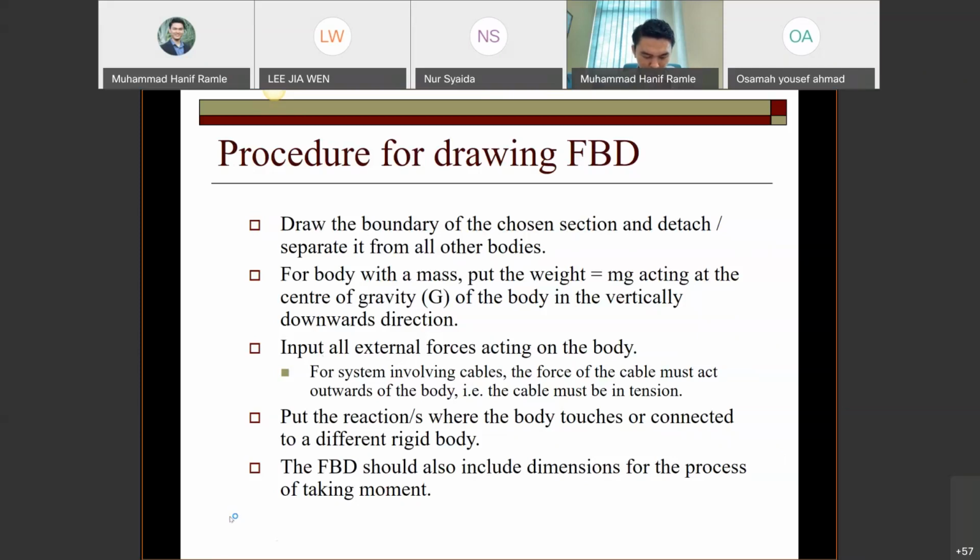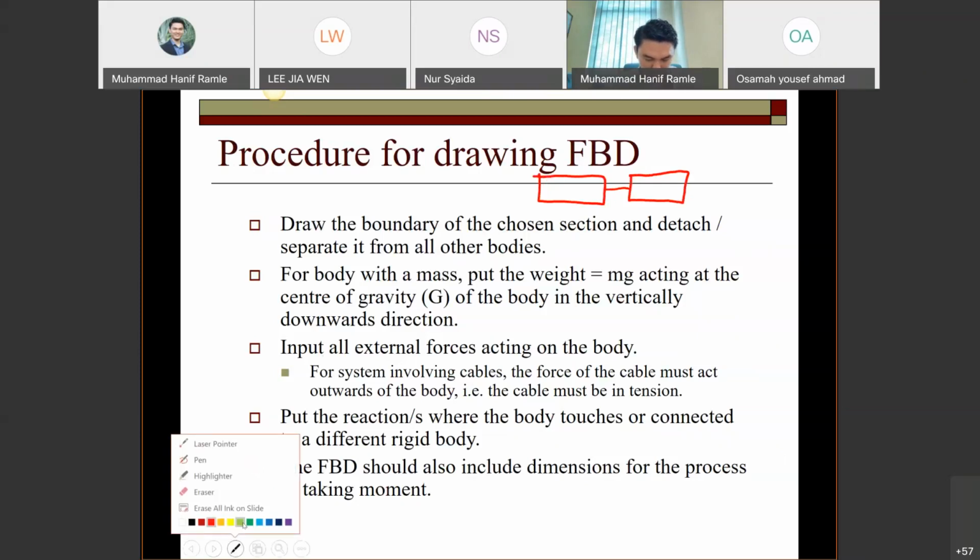I draw a very simple example, a very simple rigid body. A box. I have two boxes, for example, connected with a cable, and the box on the floor like this.